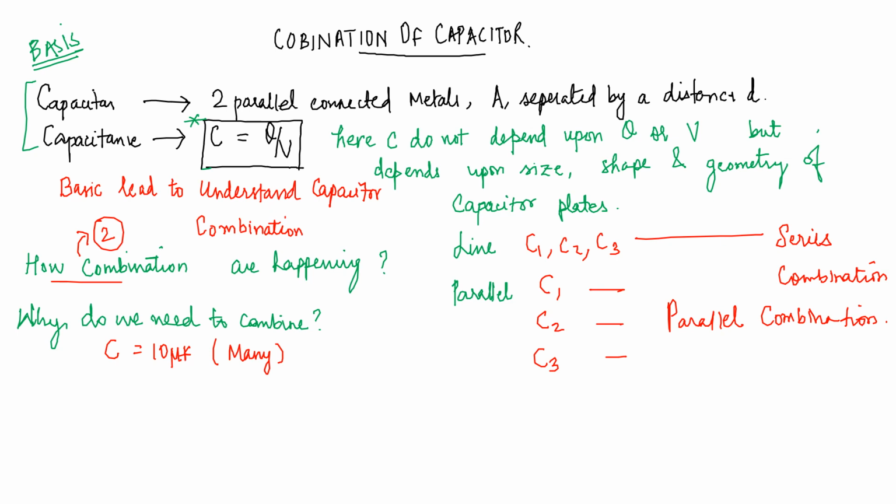Now someone came to you and asked you, kindly make a capacitor of capacitance 5 microfarad. And then the other person came and said, no, I want something with 25 microfarad. But what you got is only 10 microfarad. Now what will you do? You will try to do something with this 10 microfarad so that you can convert it into 5 or 25 respectively, whatever value.